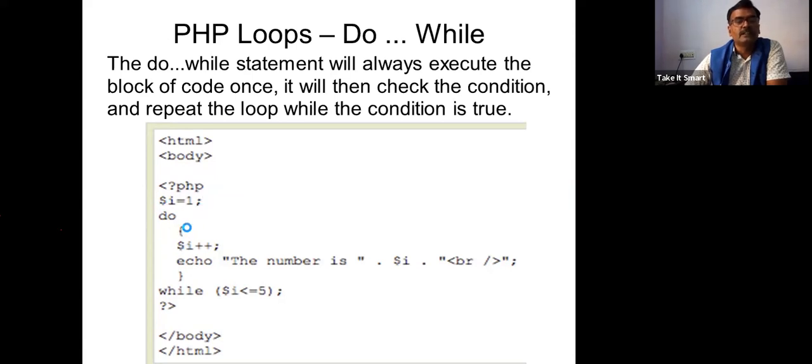We come here, we don't check anything, we print the number $i. Then we check the condition. The same program has been written differently. So here the check condition is not executed first. First the statement is executed and then the check condition is executed while coming out.